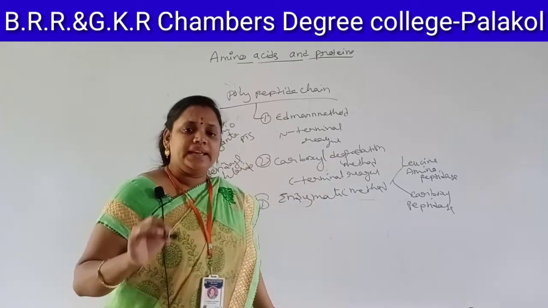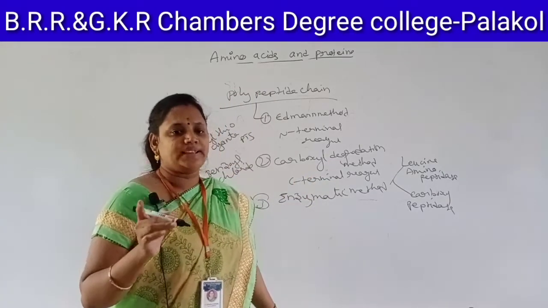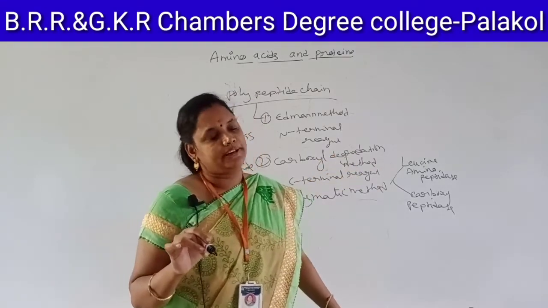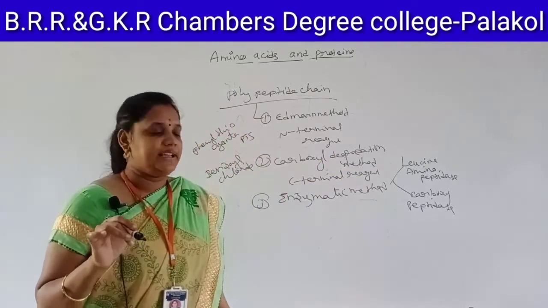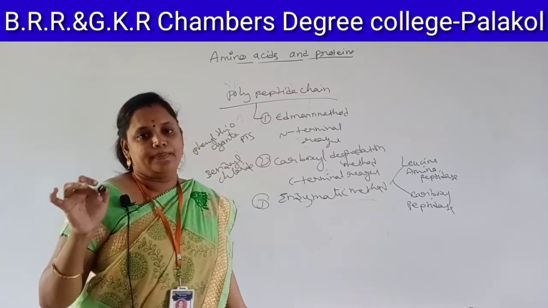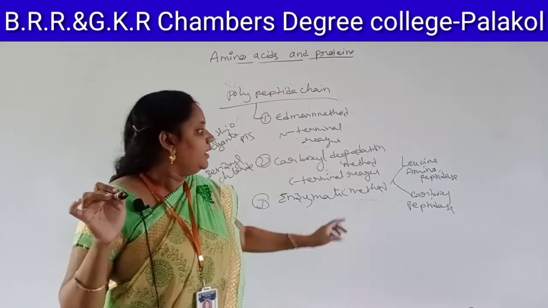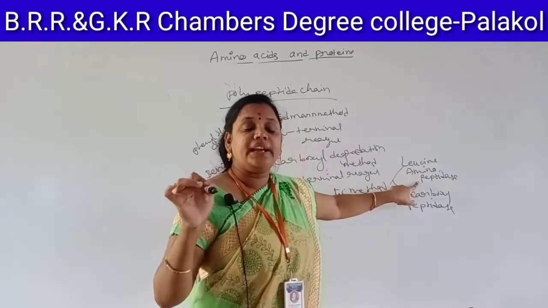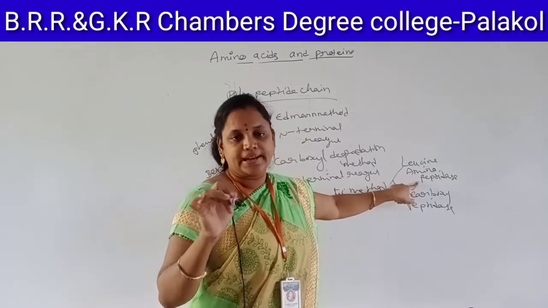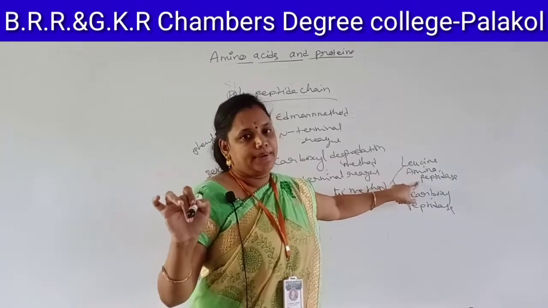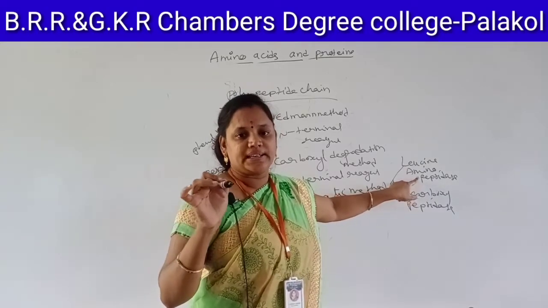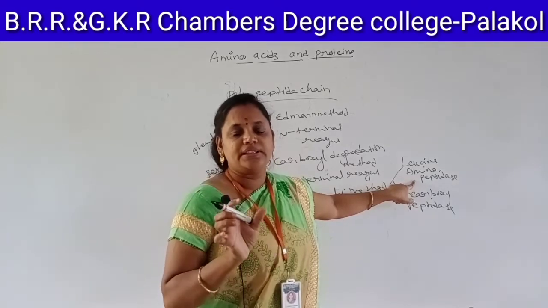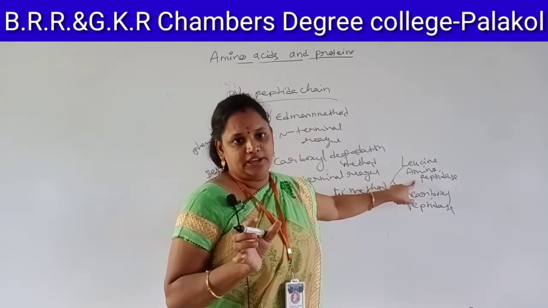Enzymatic method. In enzymatic method we use two enzymes, leucine aminopeptidase and carboxypeptidase. First, leucine aminopeptidase attacks the free end of the amino group. On its attack, further hydrolysis gives the amino acid which is at the N-terminal.